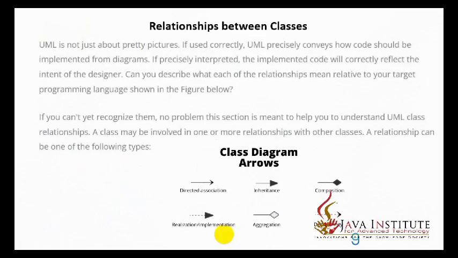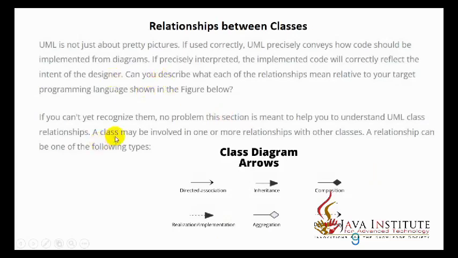When we talk about the relationships between classes, when we create software or an application there may be many classes, not only one class. So there should be relationships between those classes. UML is not just a pretty picture. If used correctly, UML conveys how code should be implemented from the diagram.